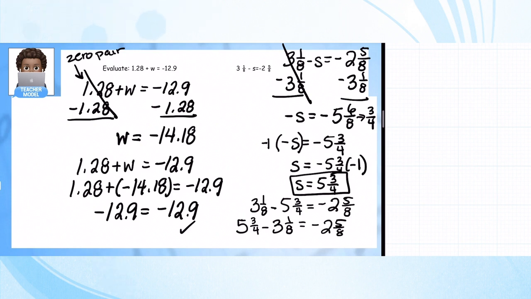Just doing that so that I know that these two are being subtracted. I know that I can't subtract 3/4 and 1/8, so I'm going to change this back to 6/8. Now I can subtract, so I'm going to get 2 5/8.